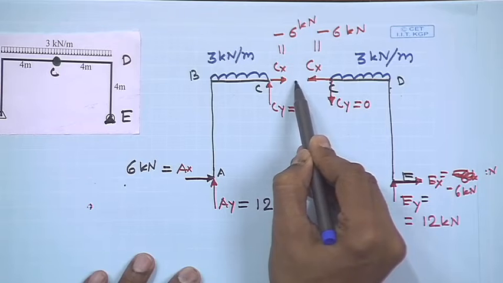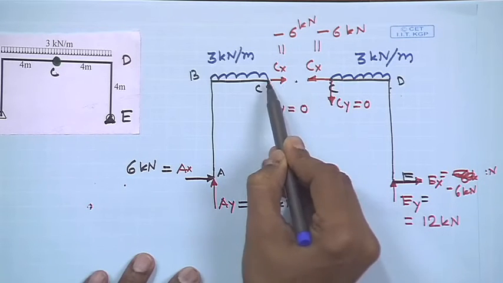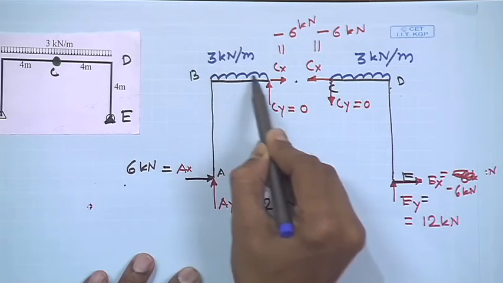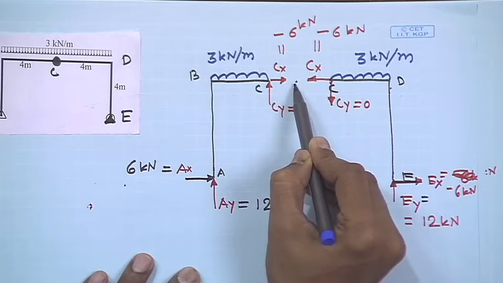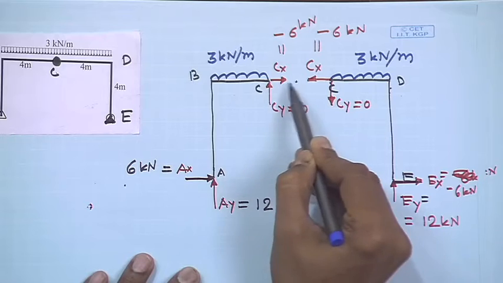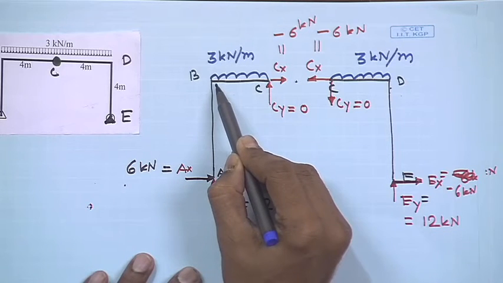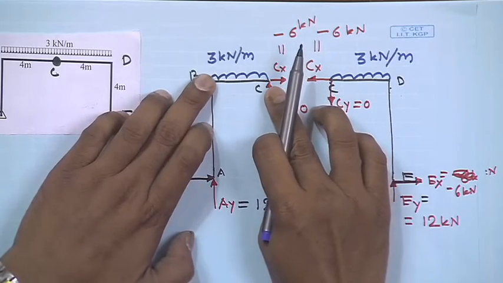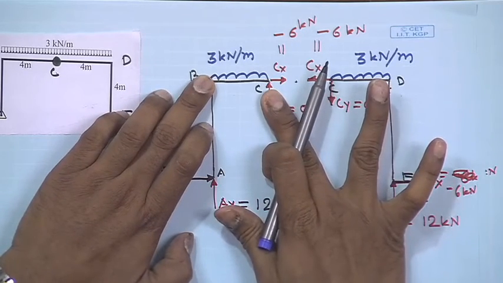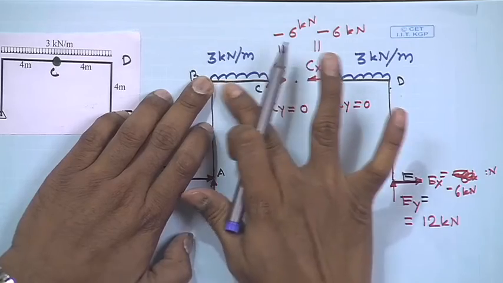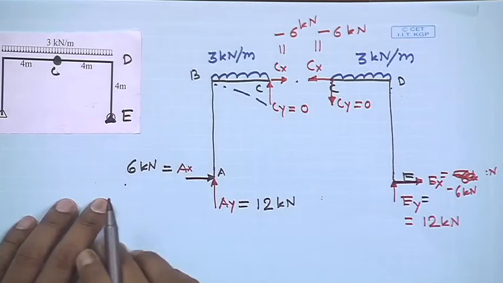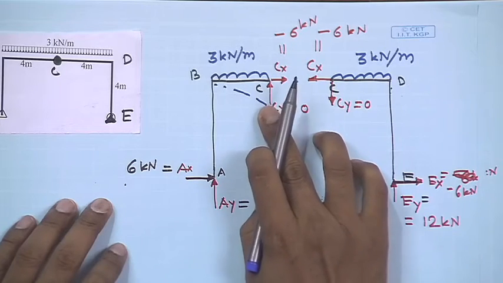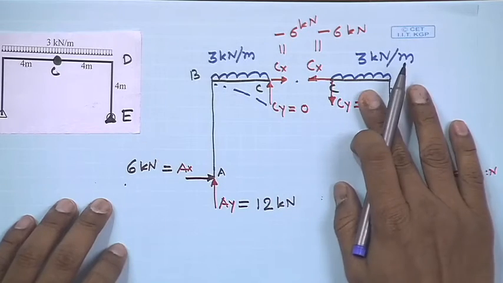Between C and B there is a uniformly distributed load, so the bending moment varies quadratically. Is it hogging or sagging? This part causes hogging in the beam, so it will be a negative bending moment, same as here.